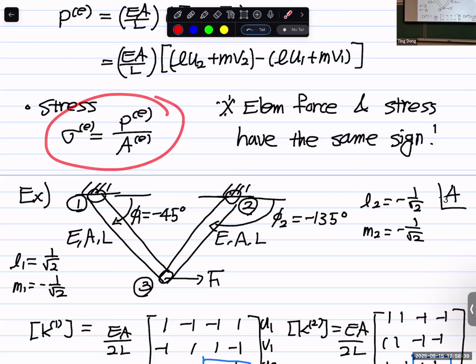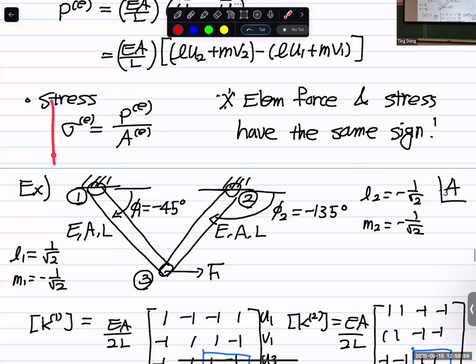What we normally see in the senior design class is that in the final presentation, when they're about to graduate, no matter what stress it is, it's always force over area. That's not correct. This is the starting point of mechanics of materials, but you have learned more advanced content than that. So this is only for tension and compression, when stress is uniformly distributed over the cross-section.